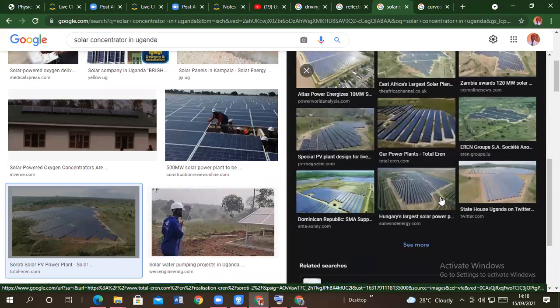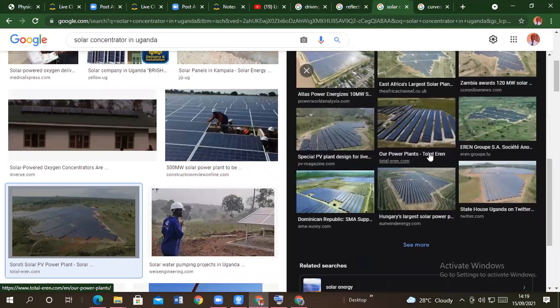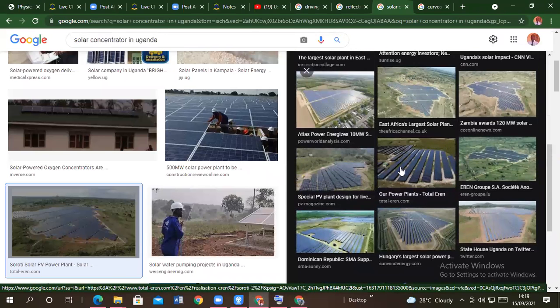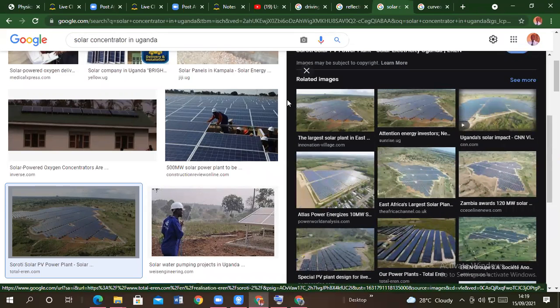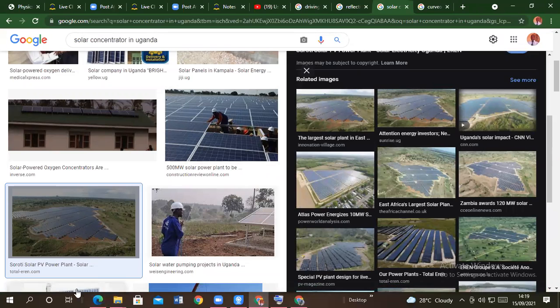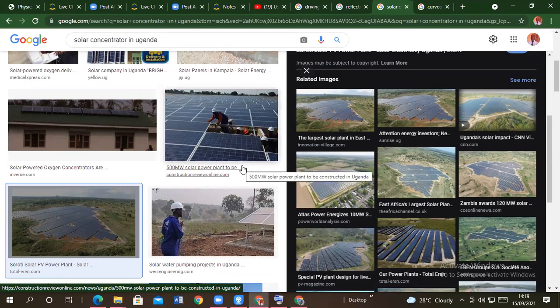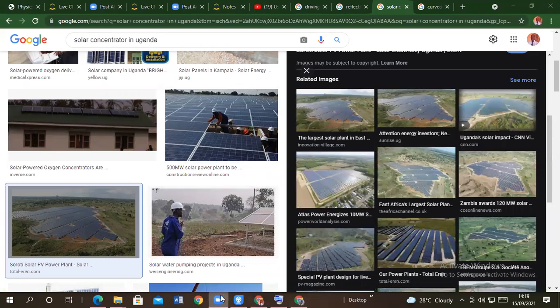Their main purpose is to generate electricity, but through the sun's rays. All right, so now you have traveled around the country in just one second, isn't it? You see, there is no lockdown now.